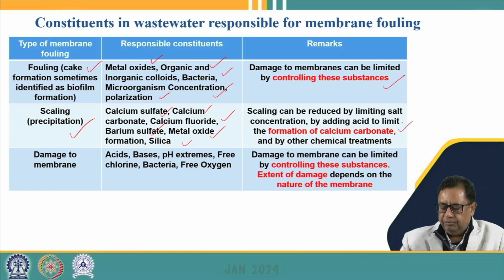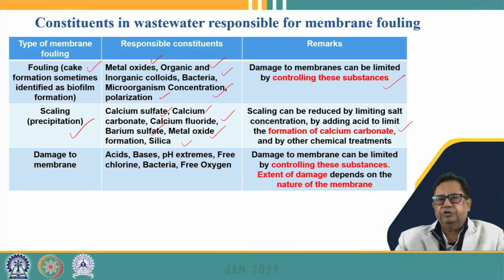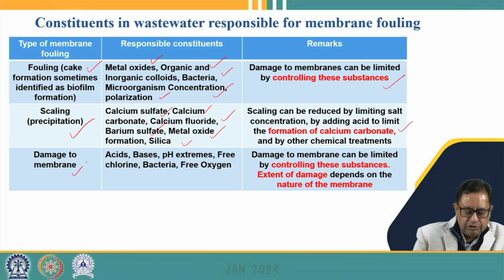Here it can be limited by reducing the formation of such precipitates, either by adding acids or by limiting the concentration of these substances so that they do not precipitate onto the surface of the membrane. Similarly, we can also play with the pH so that such precipitates may not form onto the surface of the membrane.